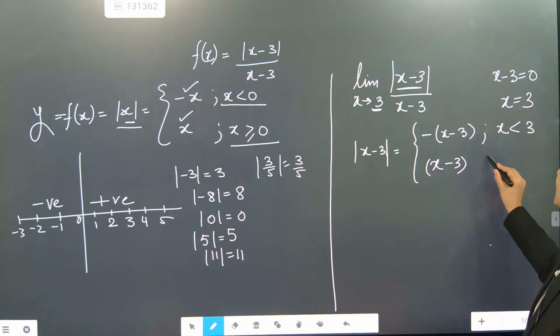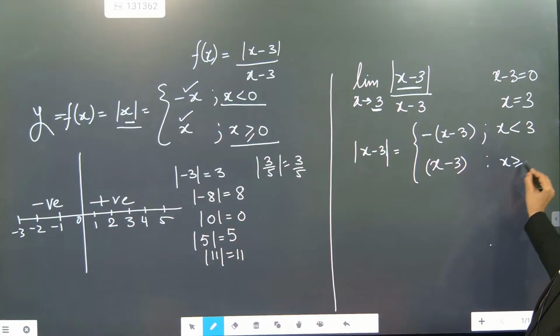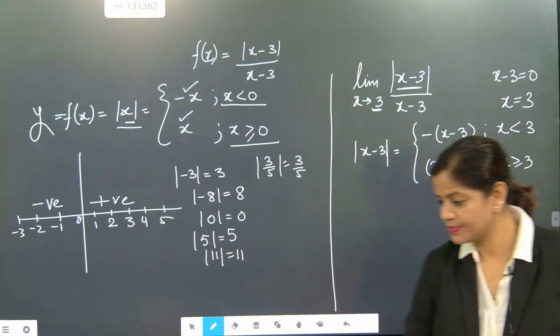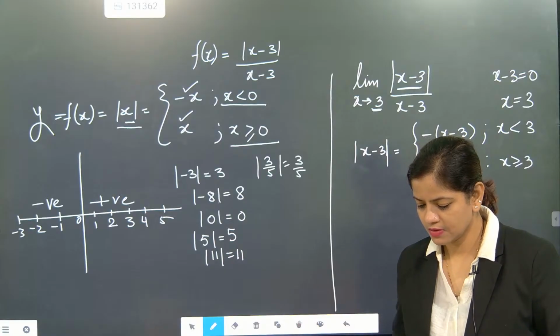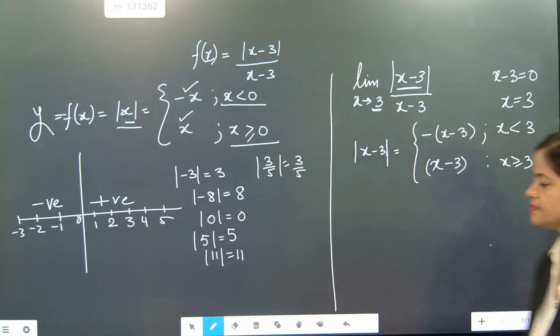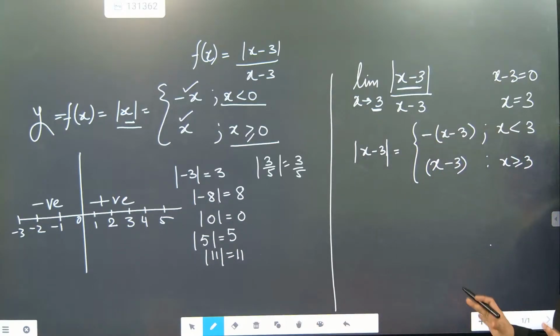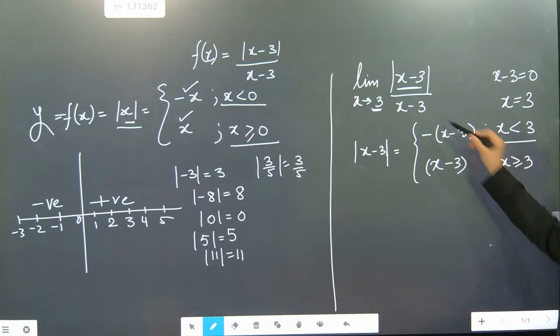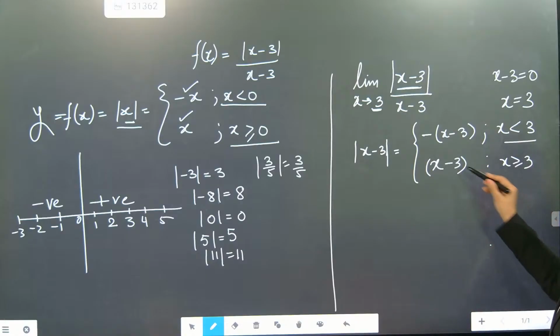And when x is greater, it will become positive. Did you get my point, beta? So for less than, modulus will open with a negative sign. Greater than, modulus will open with a positive sign.